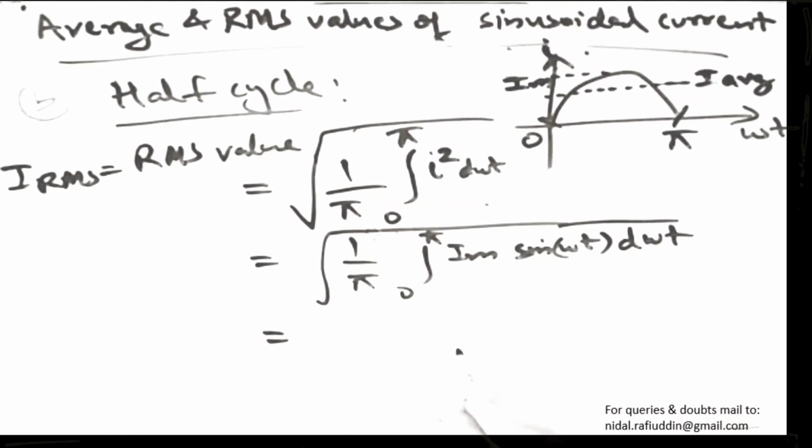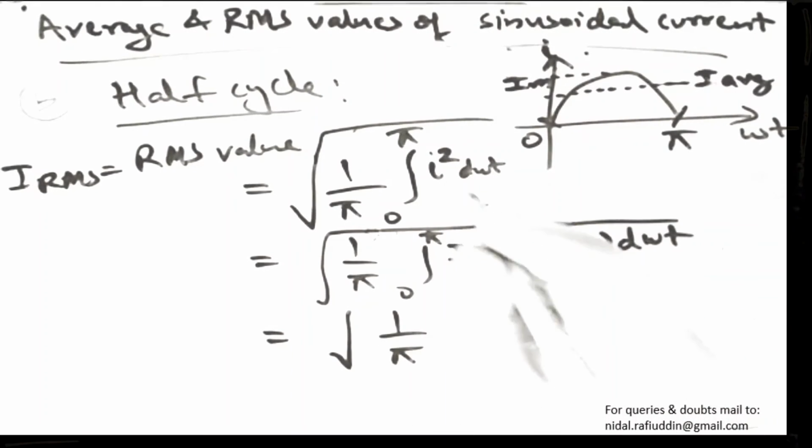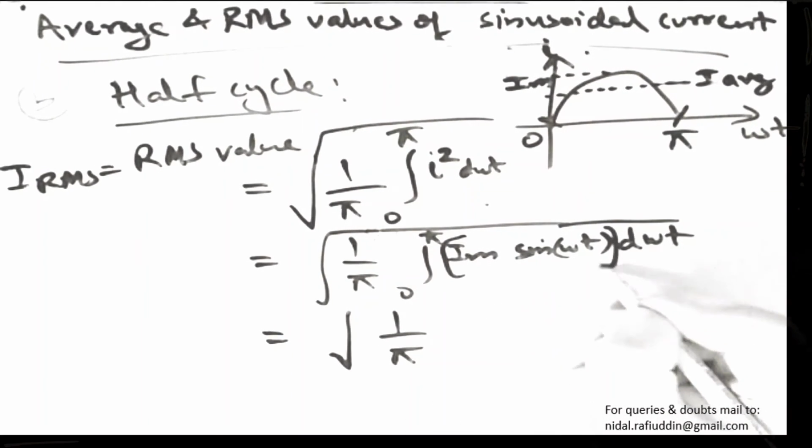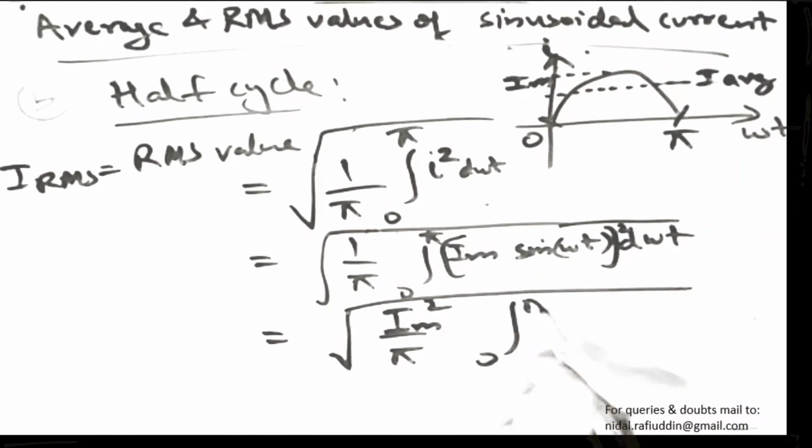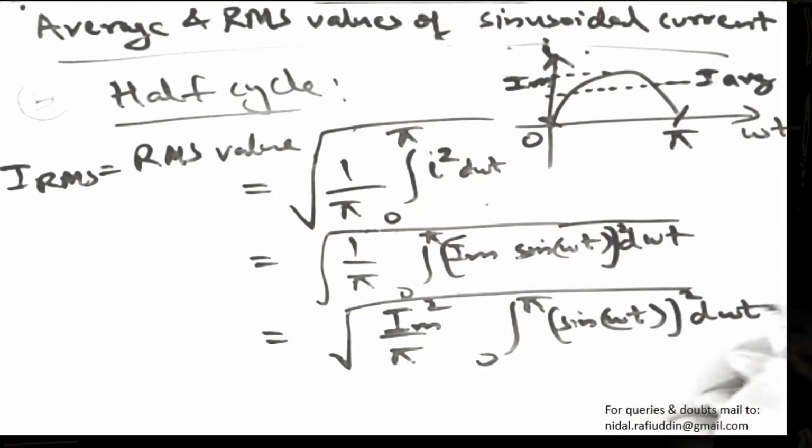This can further be written as under root 1 upon pi, and of course I forgot the square terms. So Im square, 0 to pi, sine omega t square d omega t.